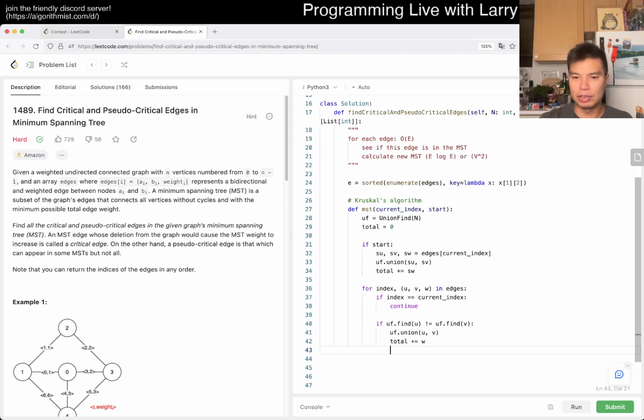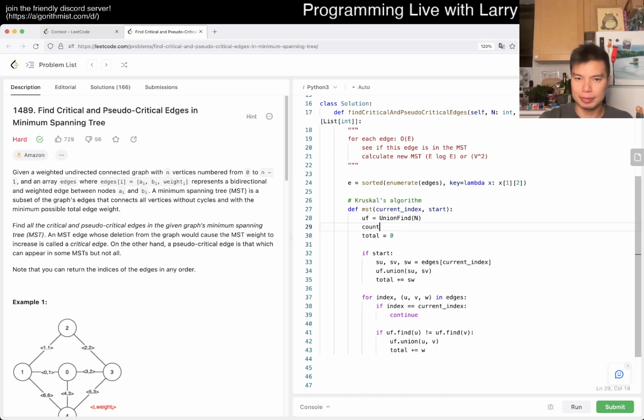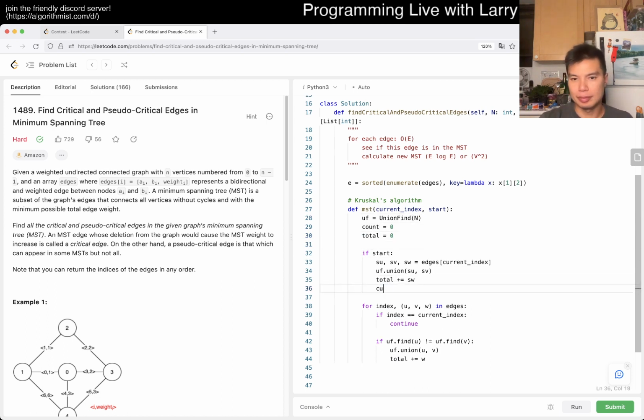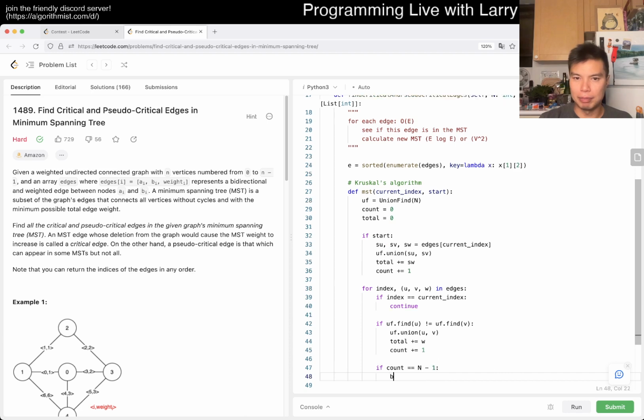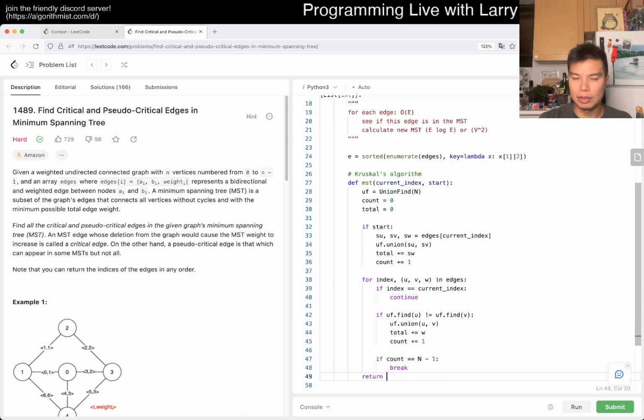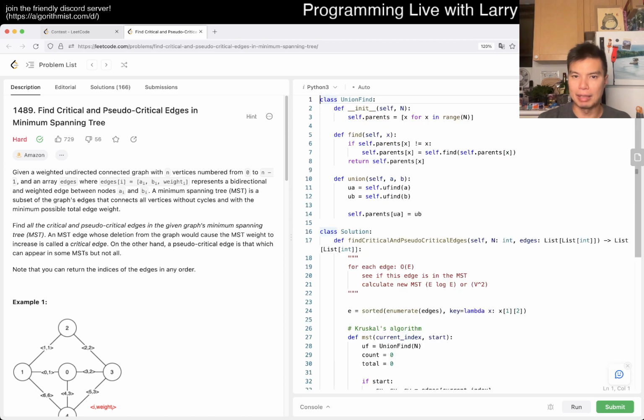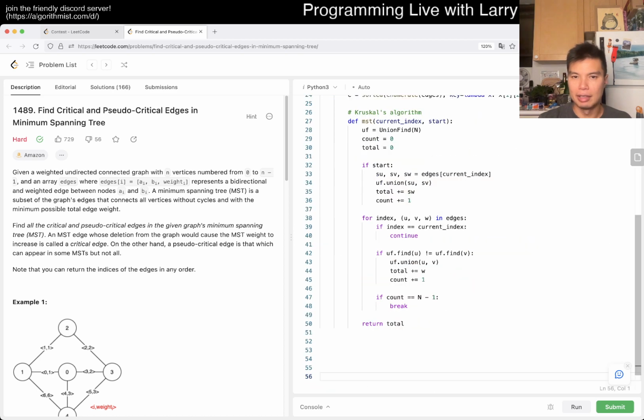And I guess we can also early terminate, so let's do it. If count is equal to n minus 1, then we break, and then we just return total. I think this is roughly right for MST, and it uses union find. Okay.